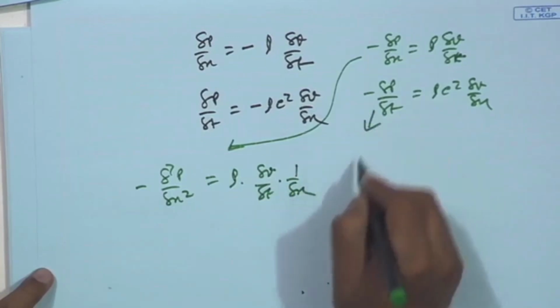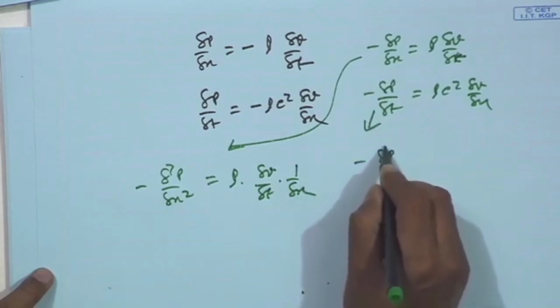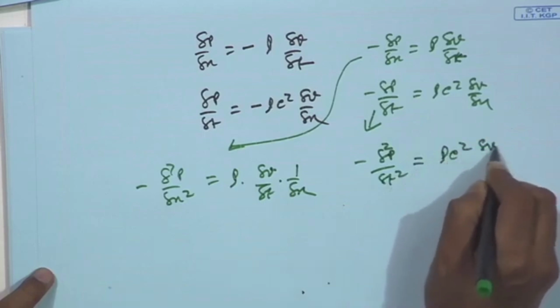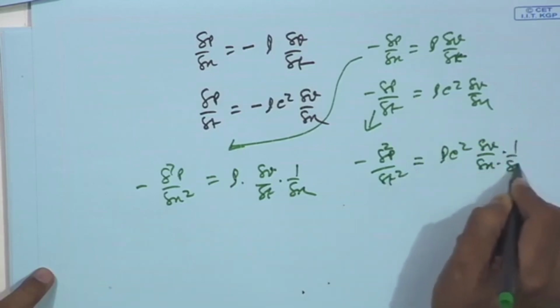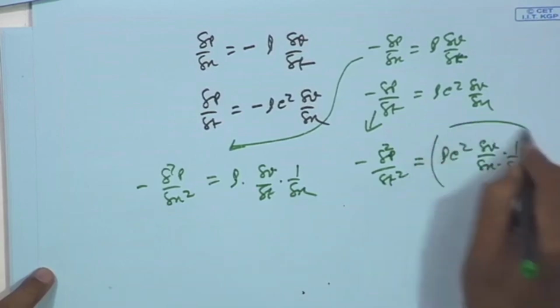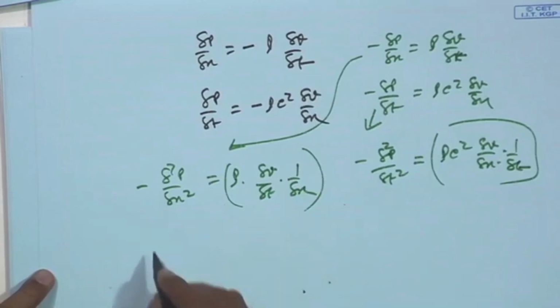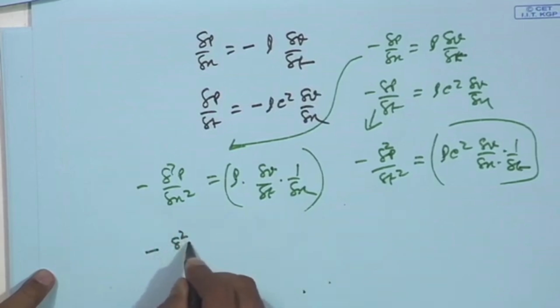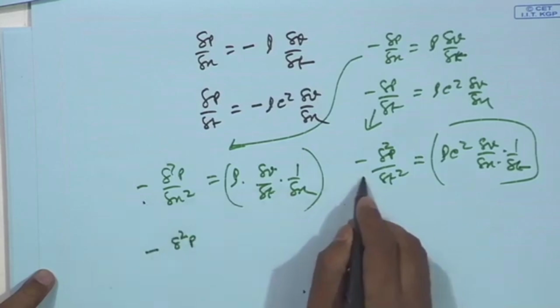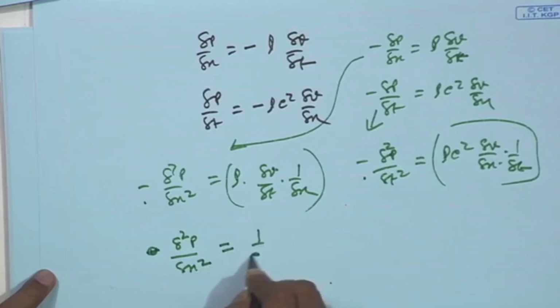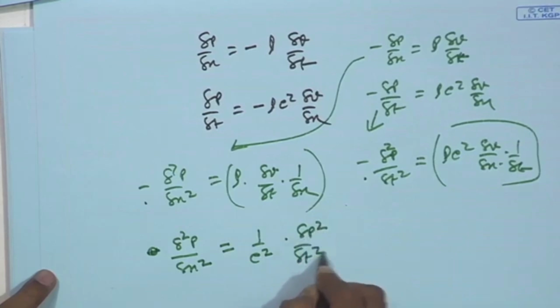If I again do it with respect to t, minus del square p by del t square is equal to rho c square del v by del x into 1 by del t. So, if you see this side and this side, what is the difference? 1 by c square only. So, I can write del square p by del x square is nothing but 1 by c square into del square p by del t square.